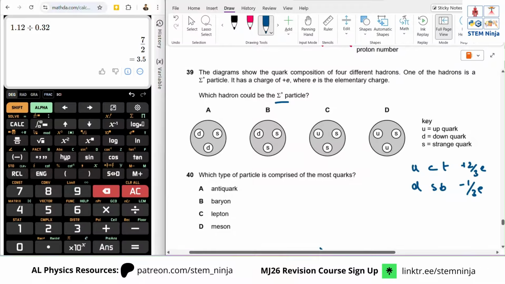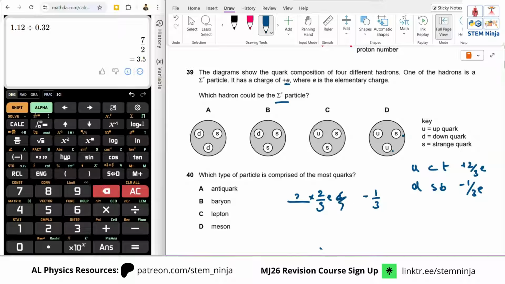So we need plus E. We need to know what combination of plus 2/3 E, up and charm, and what combination of minus 1/3 E will get us this.